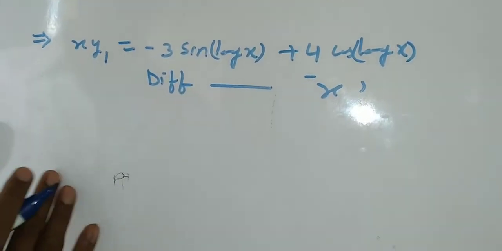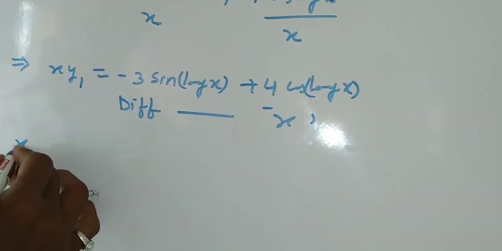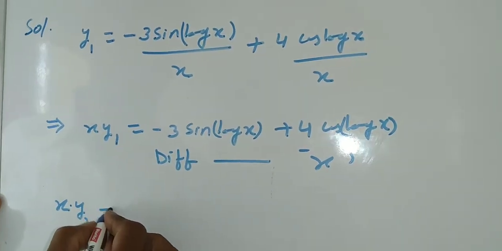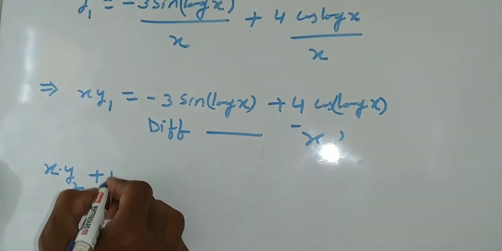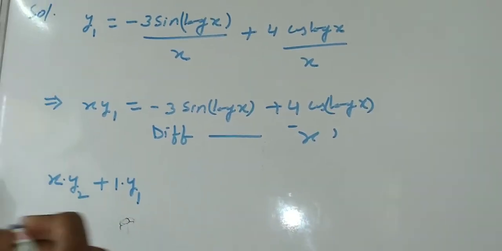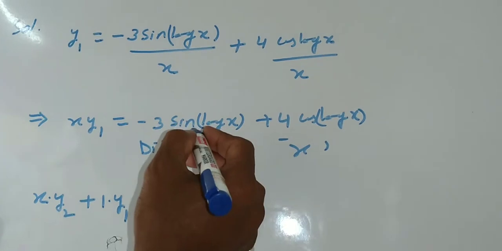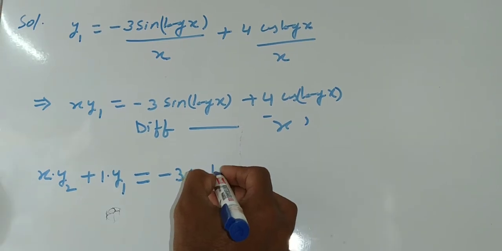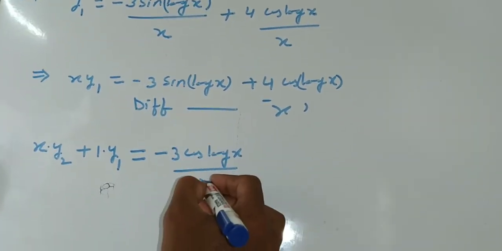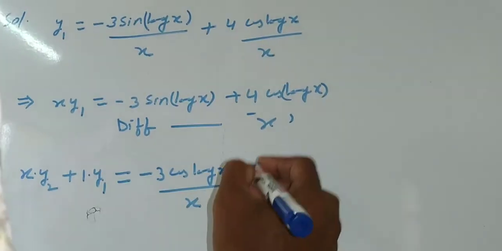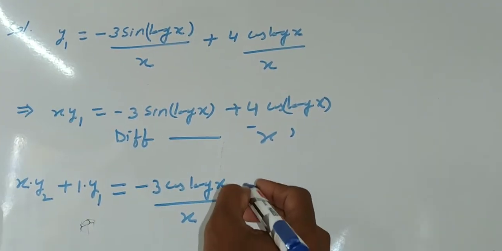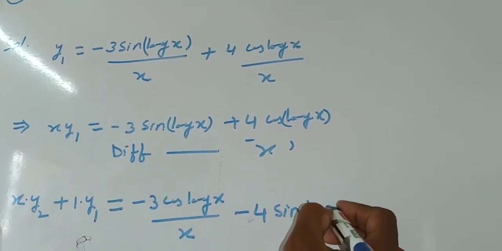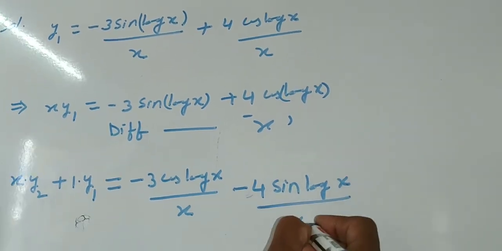So u into v for the left hand side: first unchanged, derivative of y1 is y2, plus the derivative of the first function, that is 1, and the second function unchanged. Now the right hand side: minus 3 cos log x by x, plus, with the minus sign, the derivative of cos x is minus sin x, so minus 4 sin log x by x.